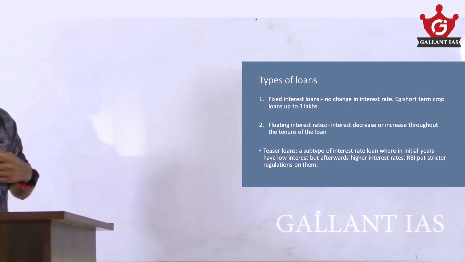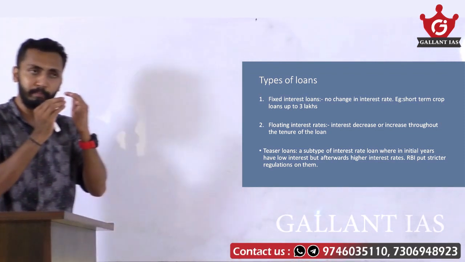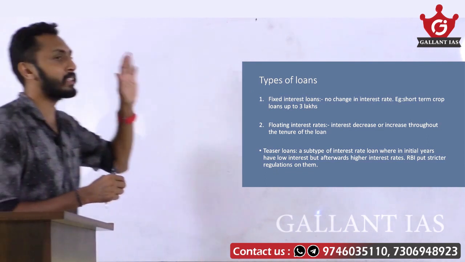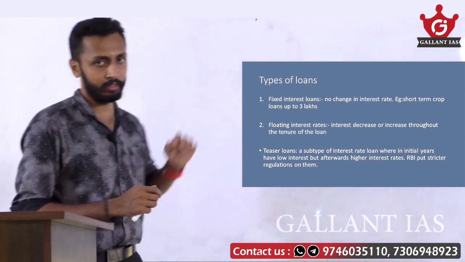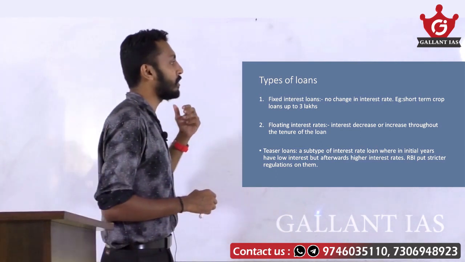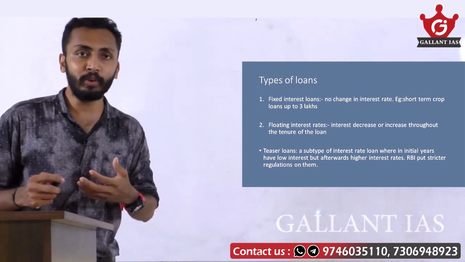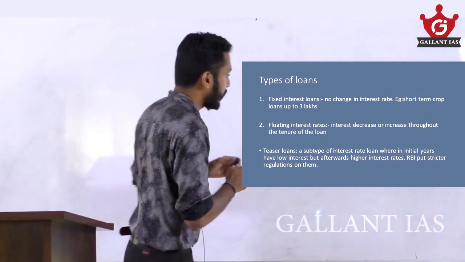Banks are not giving loans on floating interest only. Some percentage of loans, banks are also giving at fixed interest, with no change in the interest rate throughout the tenure of the loan. An example is mainly the short-term crop loan, agriculture loan. For these kinds of loans, banks will never change the interest rate throughout the time period.